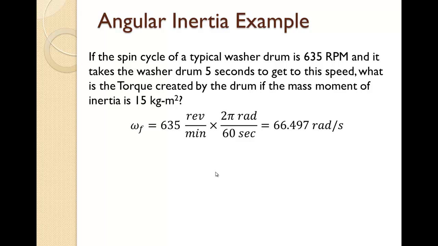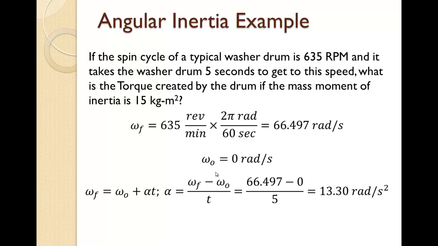Now we already know, since we're starting from rest up to this speed, the initial angular velocity is 0 radians per second. And if you recall your equations, we can use omega final equals omega initial plus alpha t. If we solve for the angular acceleration and then substitute, you can see that we get 13.3 radians per second squared for the angular acceleration.